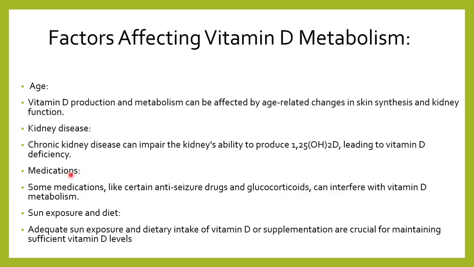Certain medicines, such as the antacids I mentioned, glucocorticoids, and anti-seizure or anti-epileptic drugs, can interfere with vitamin D metabolism. Also exposure to sun and diet. Where you stay, the geographical area, your dietary intake, and your supplementation can all affect the metabolism of vitamin D. That was in brief about the metabolism of vitamin D.